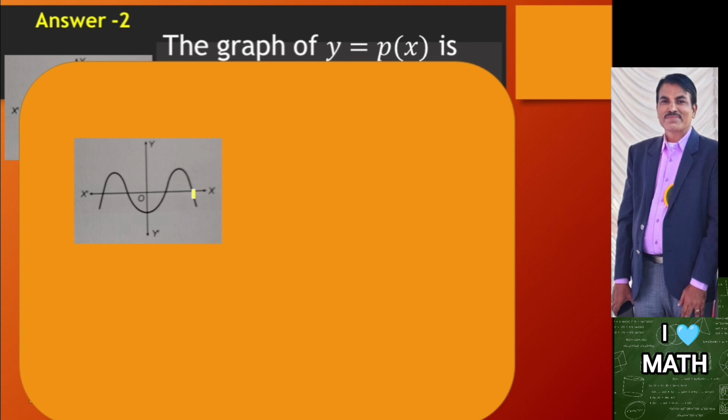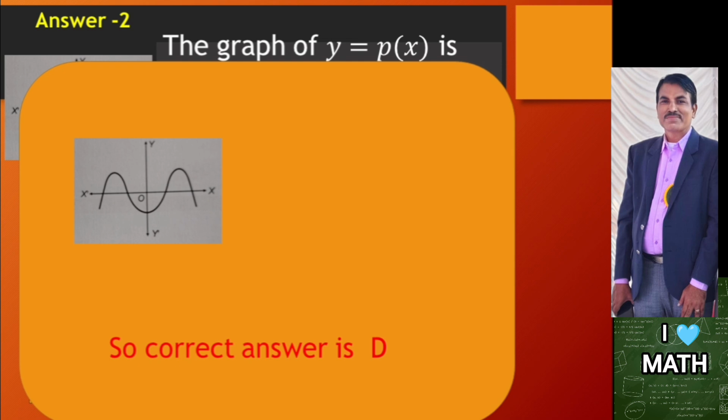You can see here is a 1 point, here is the second point, here is the third point, here is the fourth point. So the graph cuts the x-axis in 4 points. Therefore, there are 4 solutions and the correct answer is D, option number D.